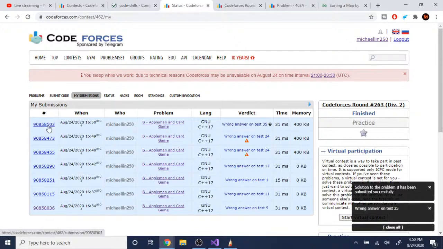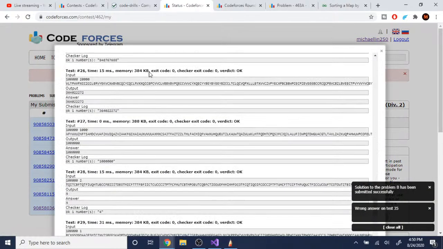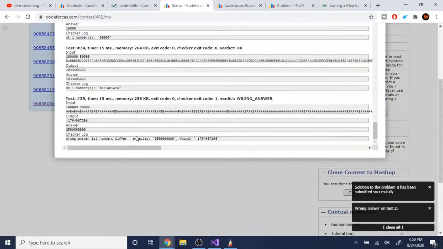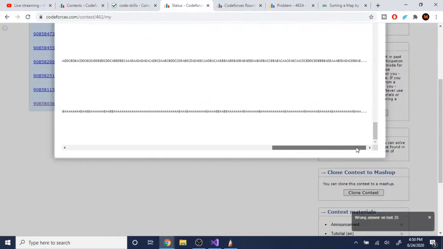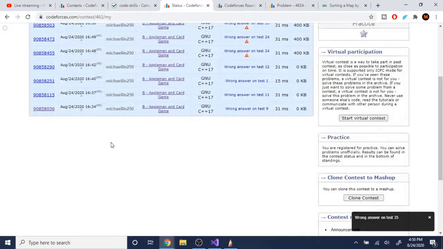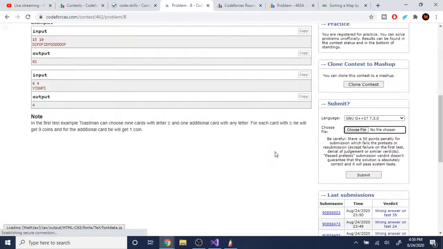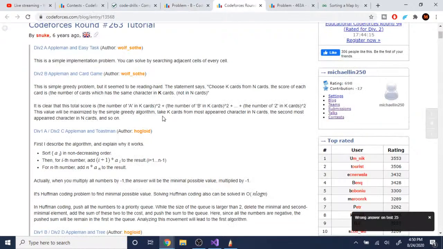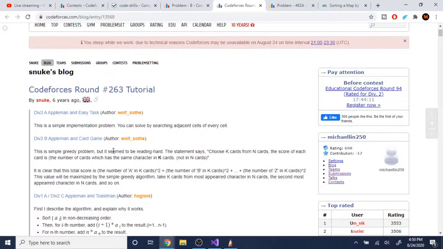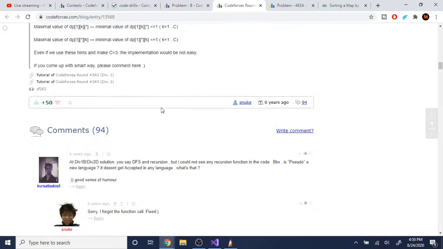Wrong answer, 35. My gosh. How am I still getting overflow? Okay, I'm getting way too much overflow. Let's just look at one of their answers, because I'm doing the same algorithm.